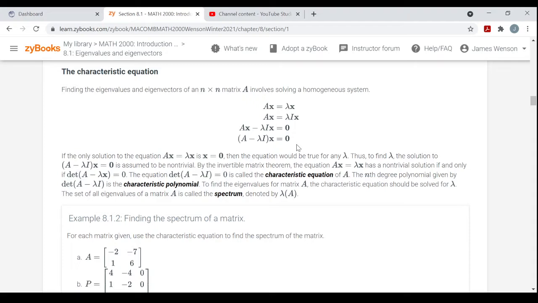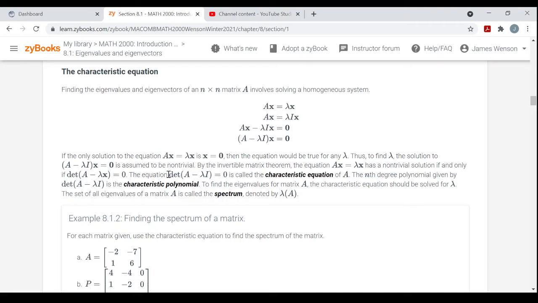So in order for this equation here to have a solution that's not 0, where x is a non-zero vector, this matrix, A minus lambda I, must have no inverse. Because if it had an inverse, the only solution would be the 0 vector. And when does a square matrix have no inverse? When its determinant is 0.